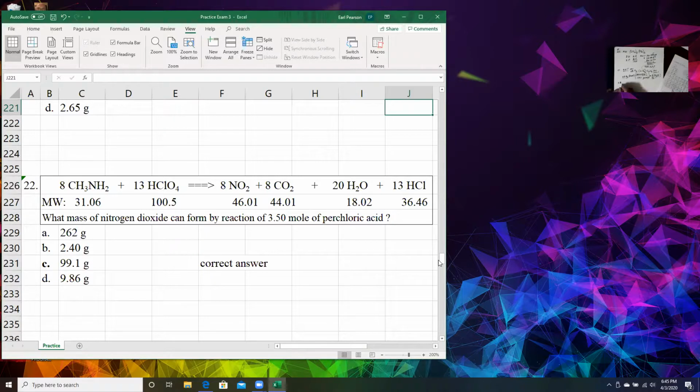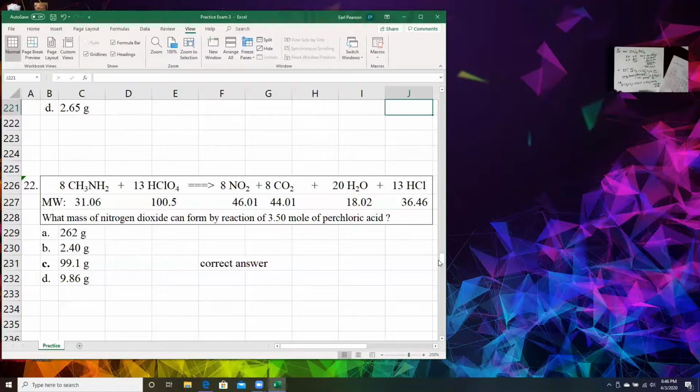So here's the reaction. 8 CH3NH2 reacts with 13 HClO4 to make 8 NO2 and 8 CO2 and 20 H2O and 13 HCl.